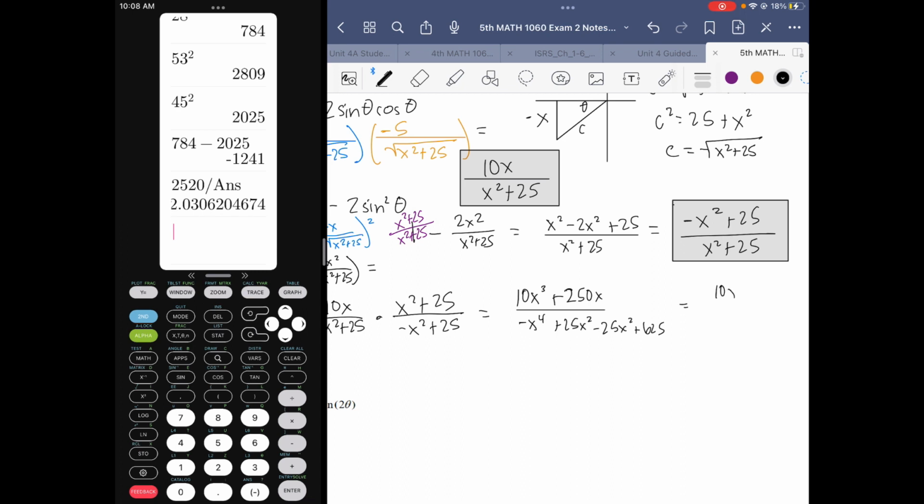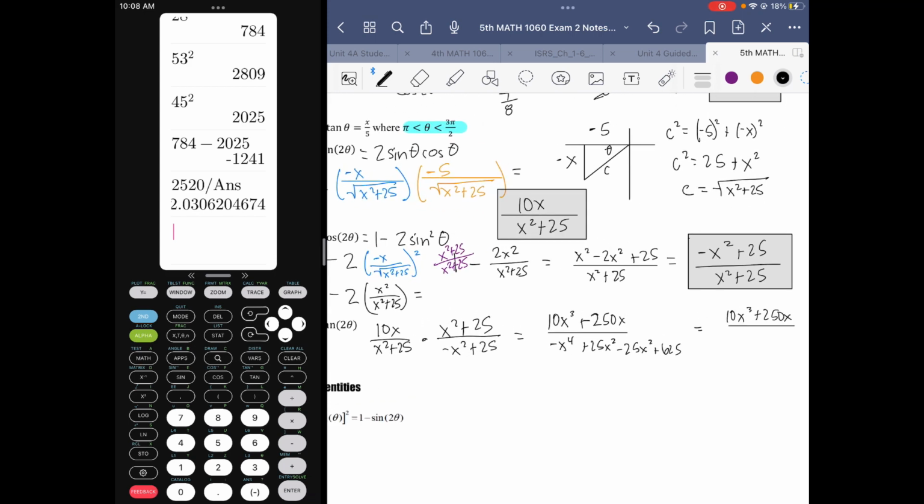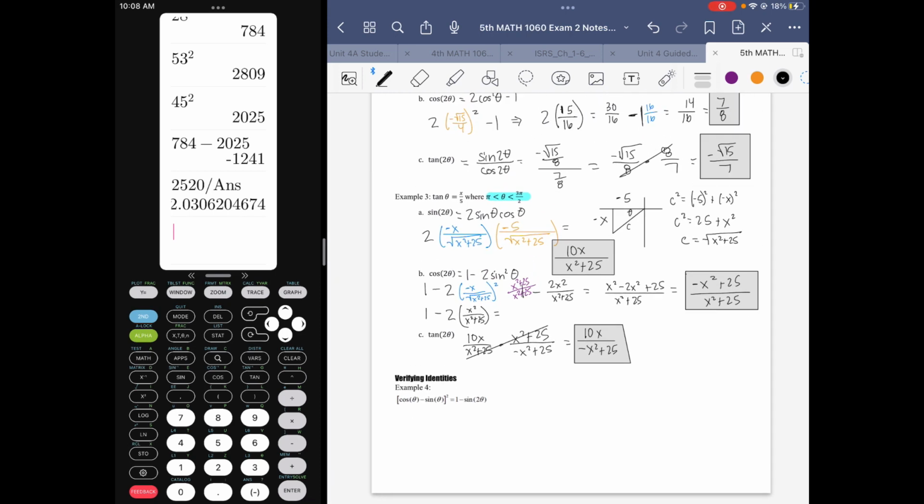So we get 10x to the third plus 250x over... you know what, I'm doing this the hard way, aren't I? Back up. These cancel. This is 10x over negative x squared plus 25. And you're done. Jeez, Mrs. Boyce, why are you doing it the hard way?